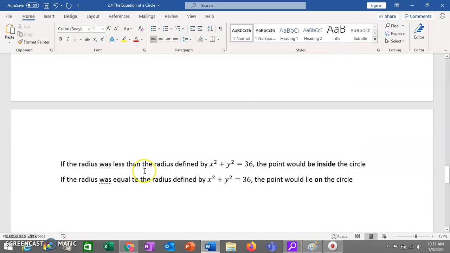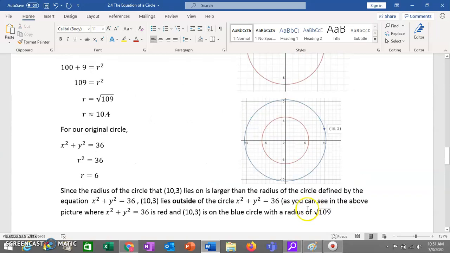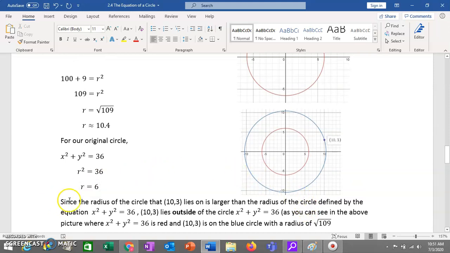Okay, so really simple. I've summarized it here. If your point creates a radius that's less than the radius from this circle, then we say it's inside the circle. If its radius is greater, then it's outside the circle, and if it's equal, then it's on the circle. Okay, that's basically it.